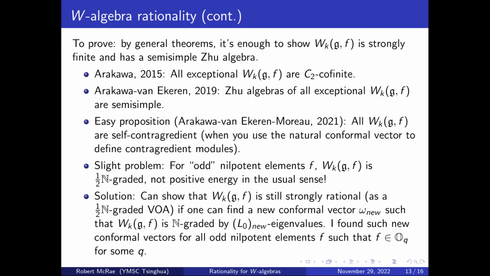It's a little bit tricky to work with this because when you find the new conformal vector, the contragredient module structure depends on the conformal vector, so it might not be self-contragredient anymore. Sometimes you have to work with the old conformal vector if you want the VOA to be self-contragredient. Sometimes you need to work with the new one to get an N-grading, but anyway, it works, and I found that for all the nilpotent elements F which arise as O_q for some q, we can actually find such new conformal vectors.